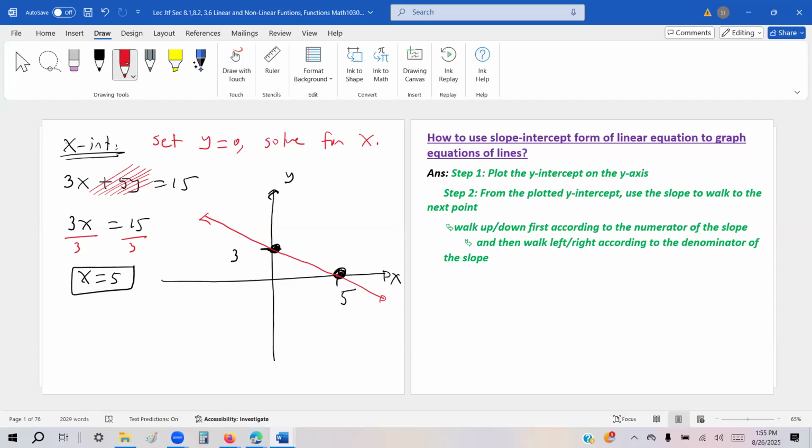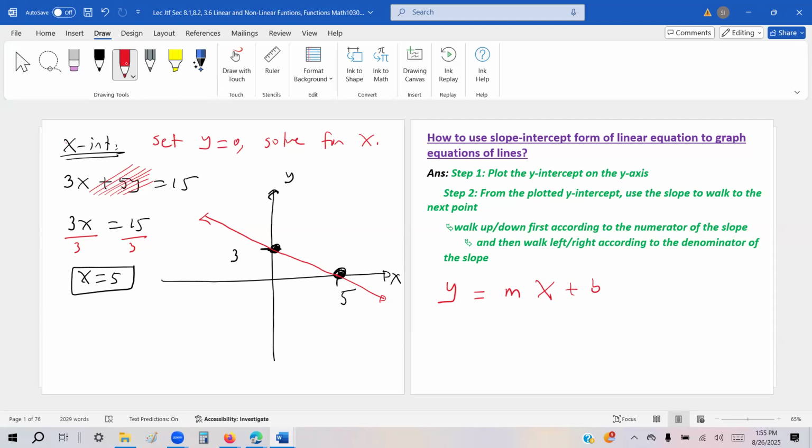In order to use this method, our line has to be in slope intercept format. If it's not in slope intercept format, then you cannot use this method. So we're going to start with the y-intercept. Our first point is the y-intercept. We're going to plot the y-intercept on the y-axis.